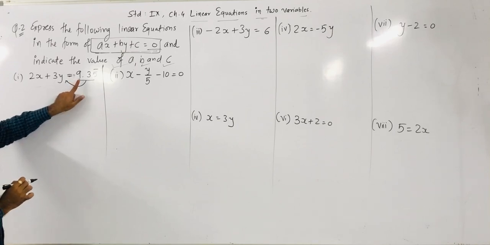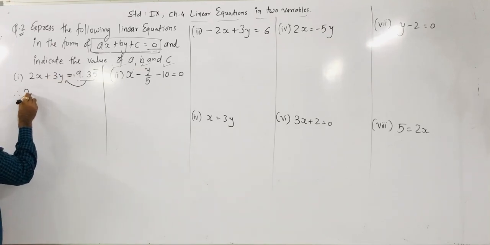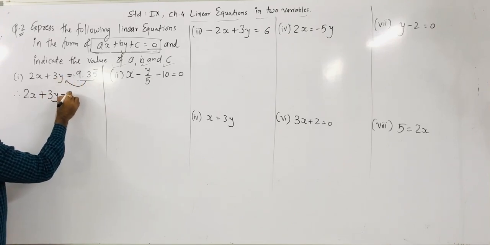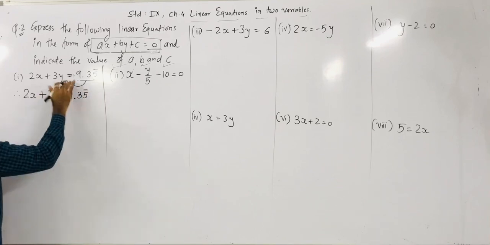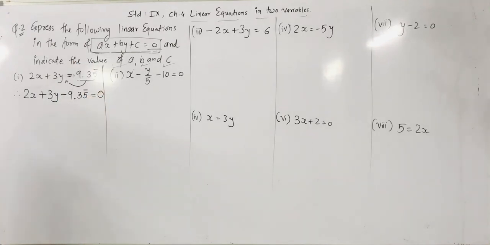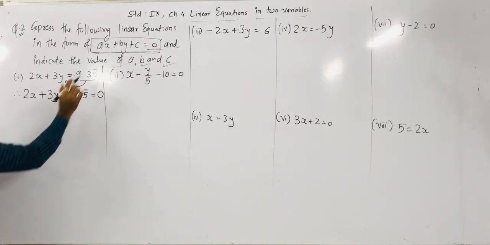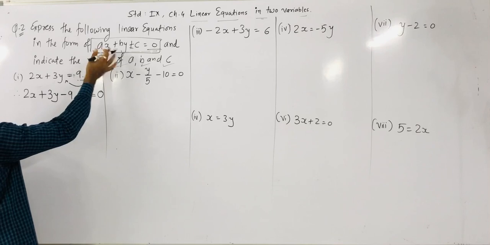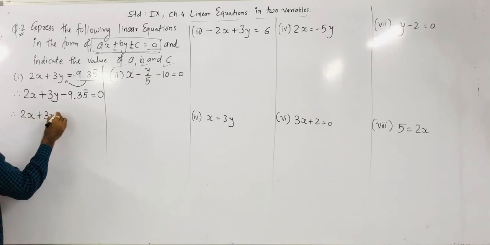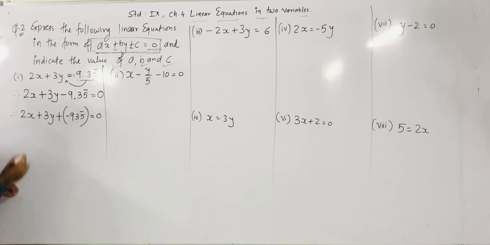As I told you, whenever a term or number is taken to the other side of the equal sign, its sign changes. So 2x is already there, plus 3y is there, and plus 9.35 bar becomes minus 9.35 bar, and the right hand side is 0. Since we have to write it in ax plus by plus c is equal to 0 form, where all are plus signs, we write 2x plus 3y plus, in brackets, minus 9.35 bar is equal to 0.